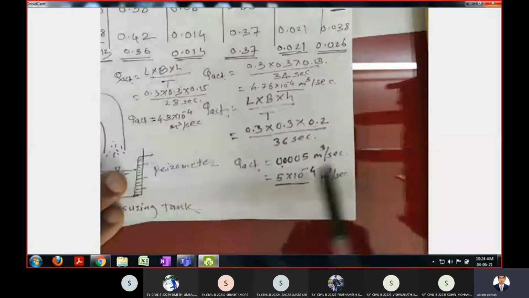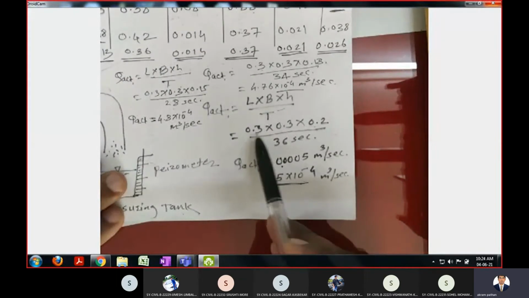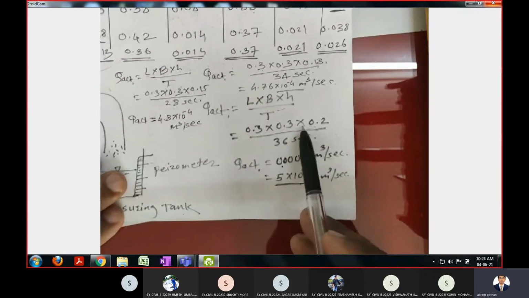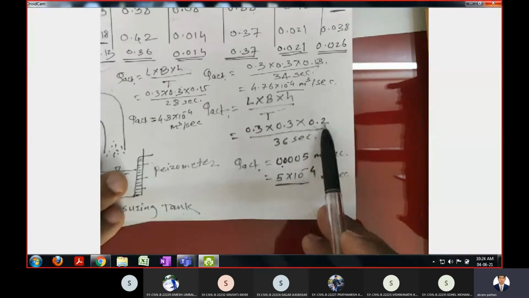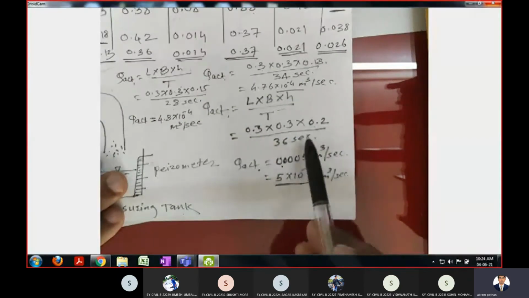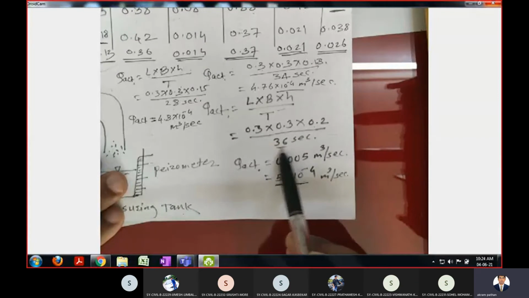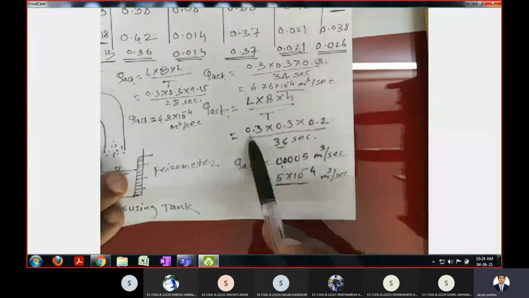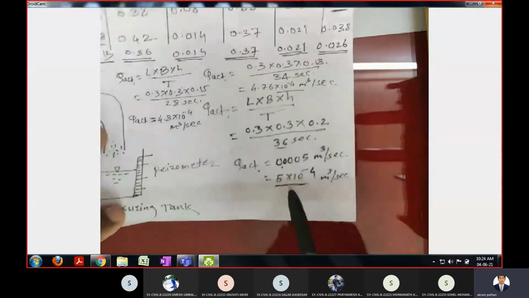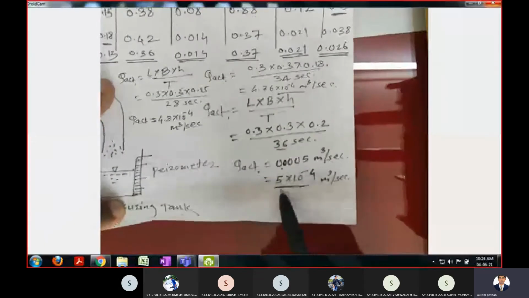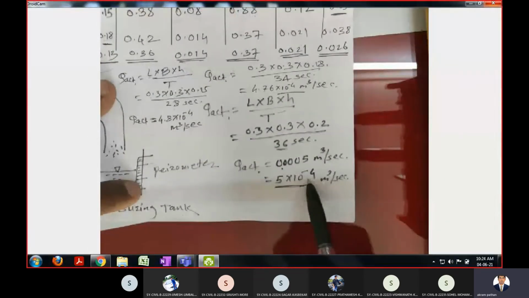So here we have this first calculation: 0.3 meter by 0.3 meter by 0.2 meter, and to rise 20 centimeter in height in the measuring tank, it will take approximately 36 seconds. So 0.3 by 0.3 by 0.2 by 36. So we will get the actual discharge, that is 5 into 10 raised to power minus 4 meter cube per second.